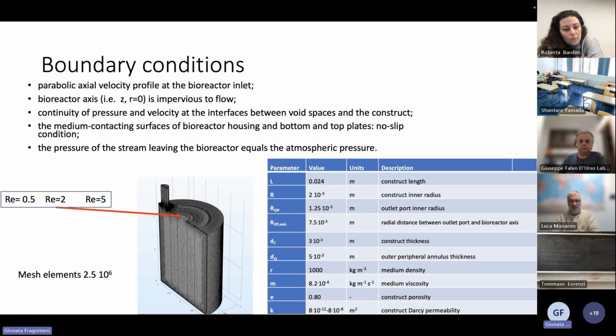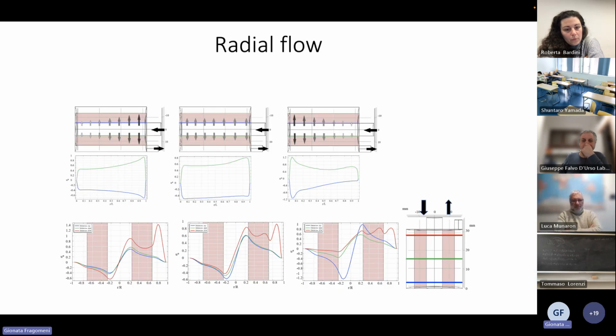We suppose that we have a parabolic velocity at the inlet in this zone, and also other types of boundary conditions, and these are the results. You can see that the outlet gives a distortion of the velocity in this zone.